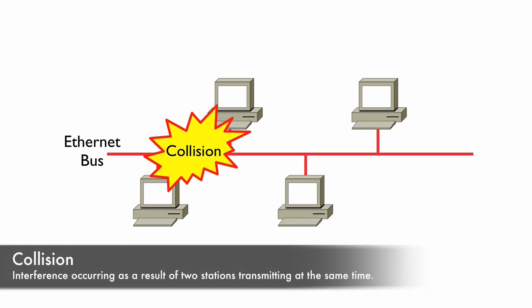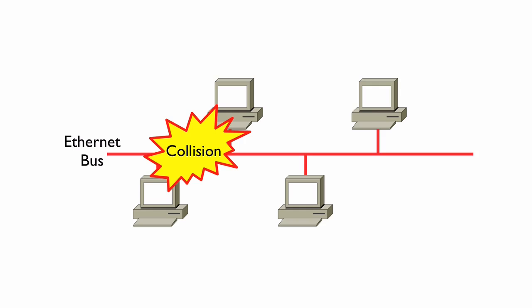Something that's often misunderstood about collisions, by the way. You might guess that as soon as a collision is detected, the remainder of the frame would not be transmitted. The PC would say, "Oh no, my frame collided with another frame. Let me stop." Actually, that device will continue sending that frame. The idea is we want to make sure that everybody on the shared segment knows that a collision occurred.